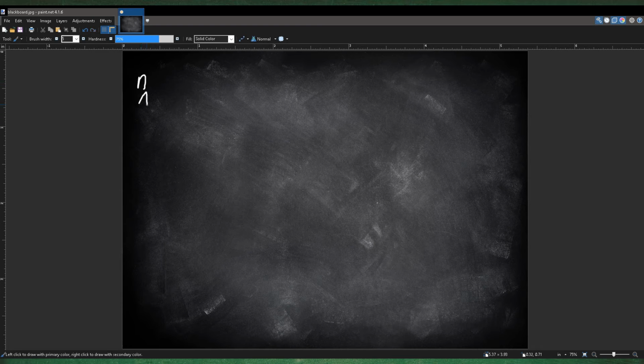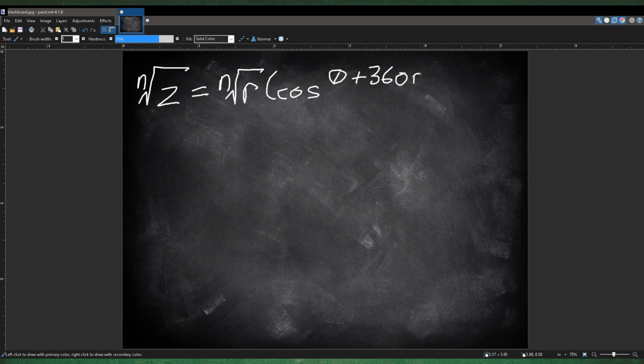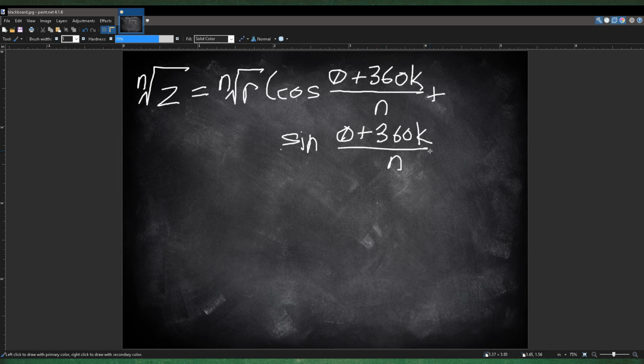So we have the nth root of z is basically equal to the nth root of the magnitude times cosine of the original angle plus 360 degrees times k, not n, times k, divided by n, plus, sorry, I'm running out of space, so I'll just write it on the bottom, plus sine of the angle plus 360k all over n, basically the same degrees.